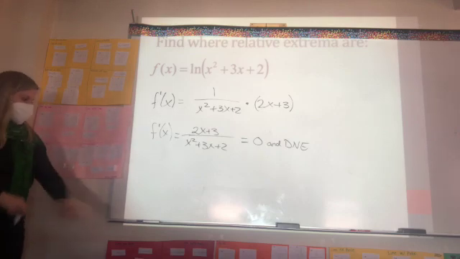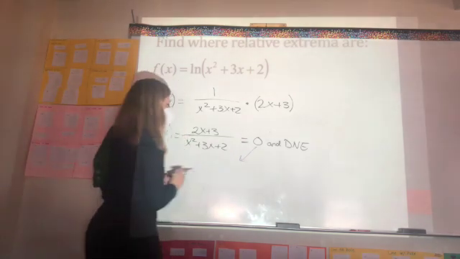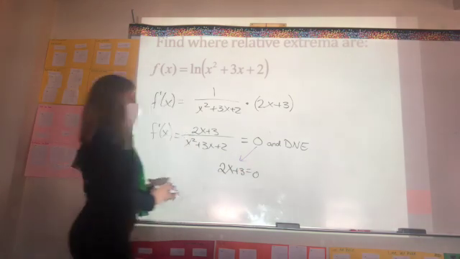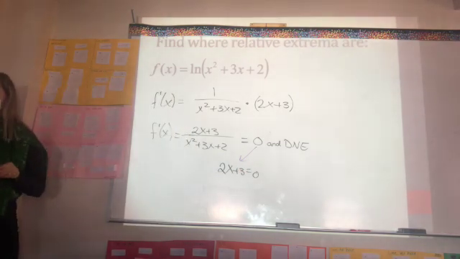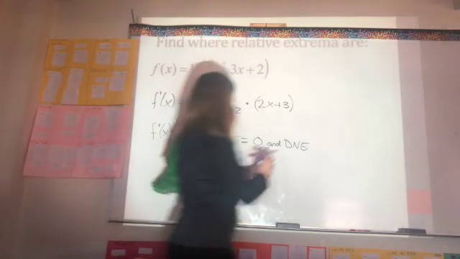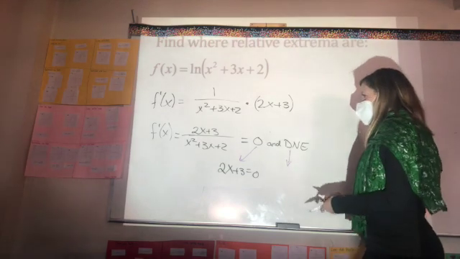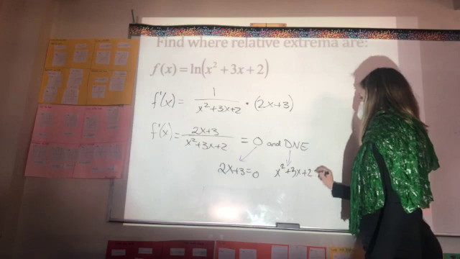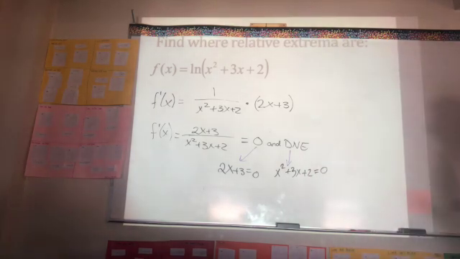The numerator. Something's equal to 0 when its numerator is equal to 0. Where is this function equal to DNE? The denominator is equal to 0. With fractions, rational functions, the function is DNE when the denominator is 0.